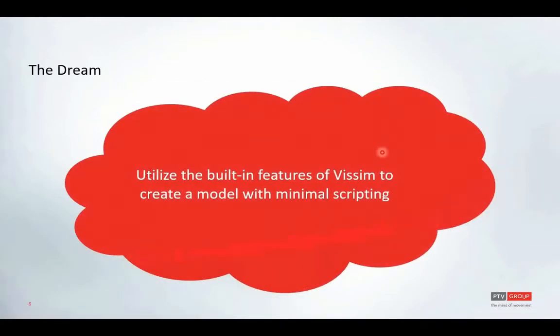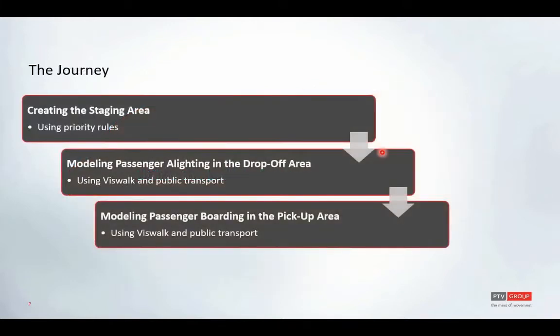All right. So the network modeling. The dream here is to use as many of the built-in features of Vissim as possible so that we can minimize the amount of scripting that we need to add on. So here is the journey that we're going to go on. The first part we're going to look at is creating the staging area and allowing vehicles to wait in that separate area before advancing to the waiting area. Slight spoiler alert, this is going to use priority rules.